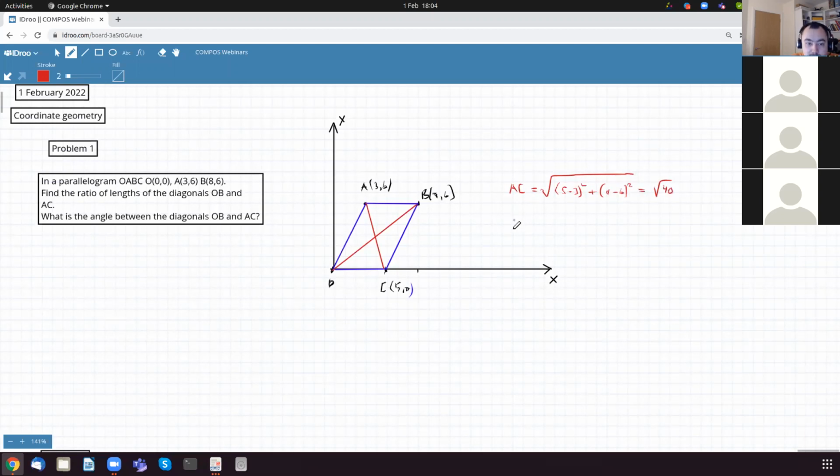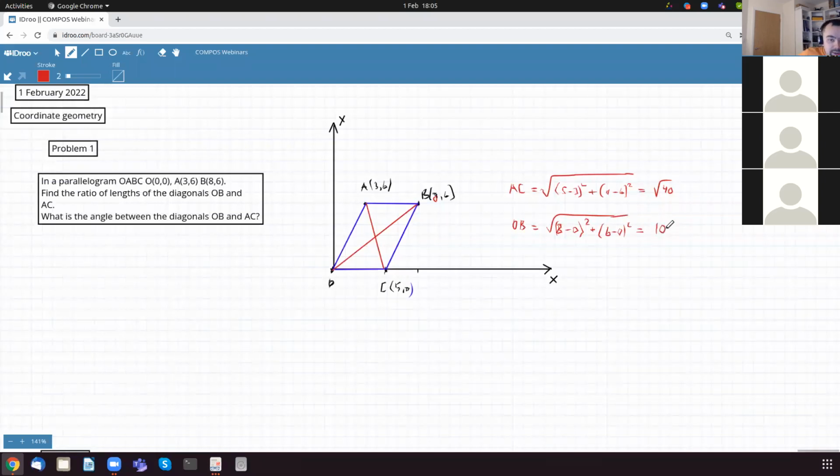And OB is the square root of (8 minus 0) squared plus (6 minus 0) squared. That is 64 plus 36, so it's 10.